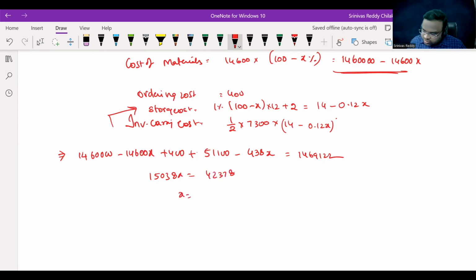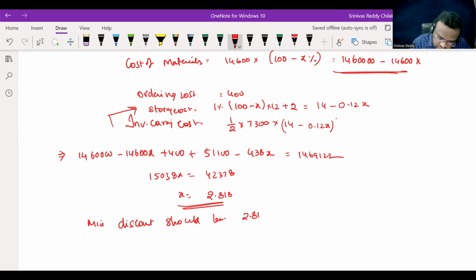X is equal to 2.818. That means the minimum discount should be 2.818 percent, which you can assume to be 2.82%.